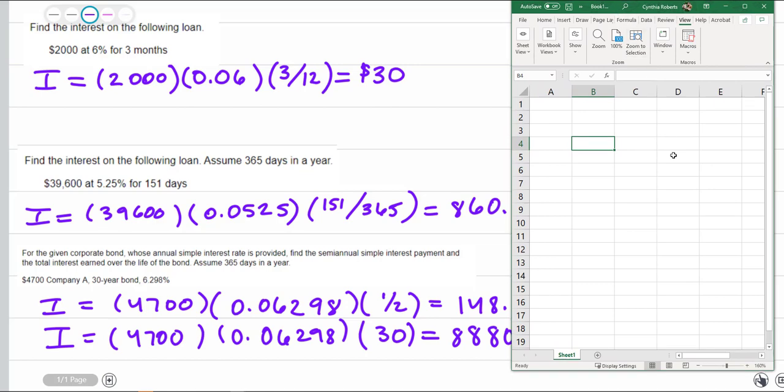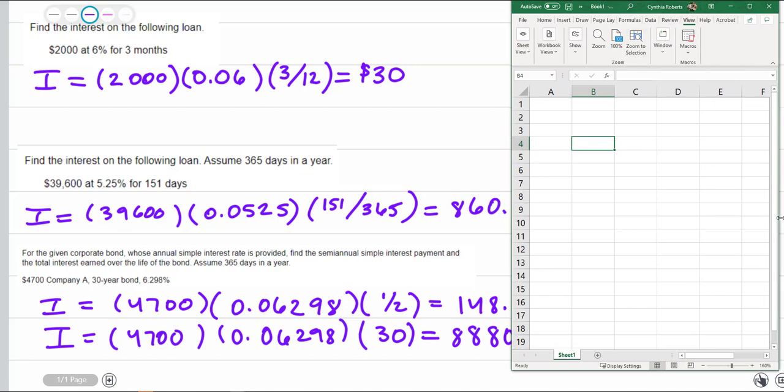Some of you may have Excel phobia, but what's nice is, let's say that I set up my principal, my rate and my time. So I'm just typing those in, and I want to compute interest. I also need over here the number of times compounded a year, times compounded a year.